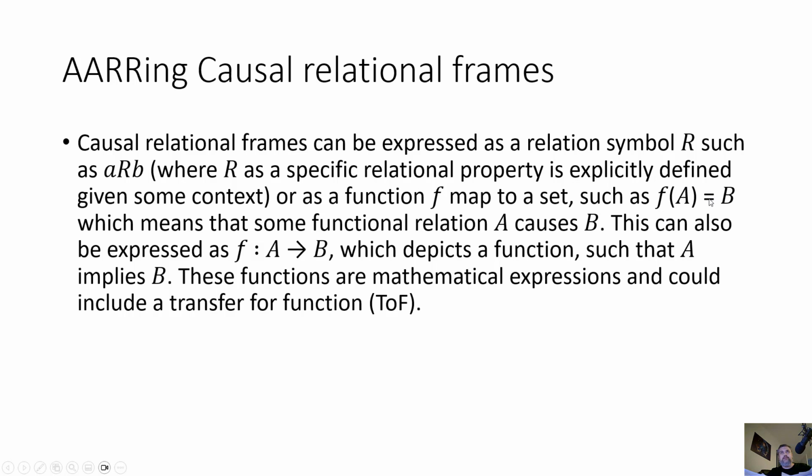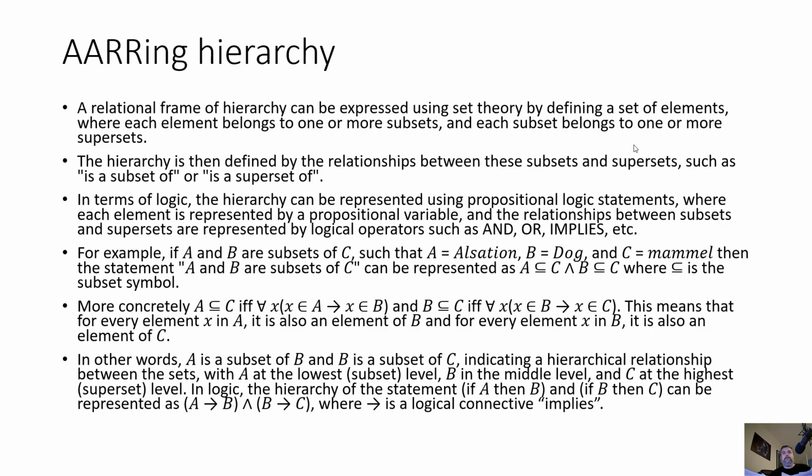It's mapping, which means that some functional relation A causes B. This can also be expressed as f(A), and then this leads to B, which depicts a function such as A implies B. These functions are mathematical expressions and could include transfer of function. So we could include these kinds of functions to even express a transfer of function.